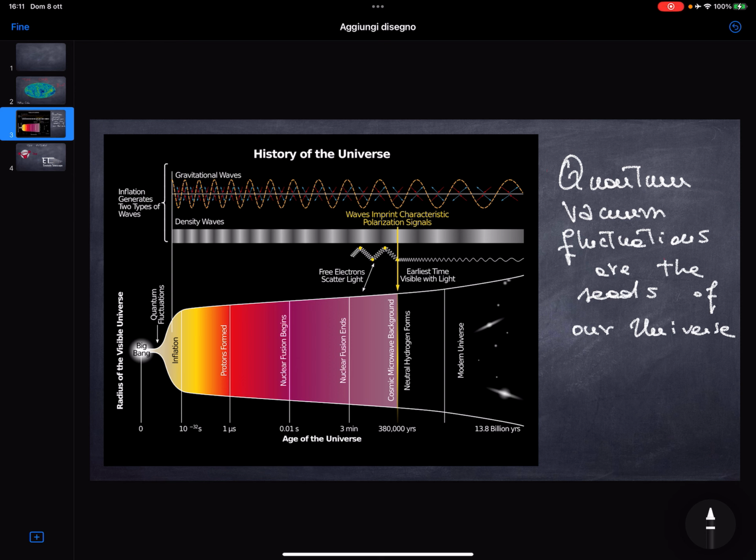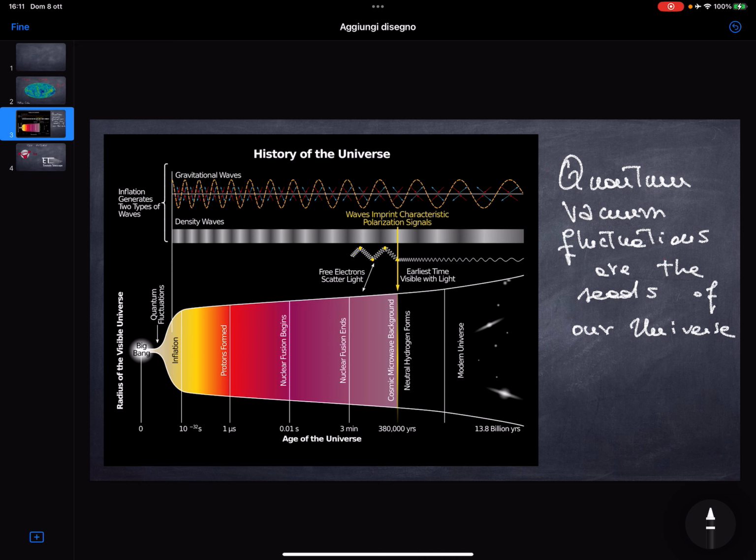If we look at the history of the universe, we can see here the cosmic microwave background. But before the CMB was formed, there were many other stages of the universe.